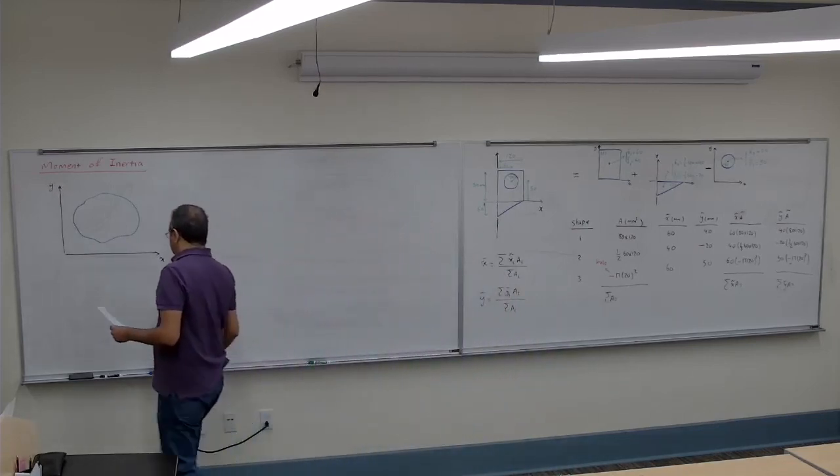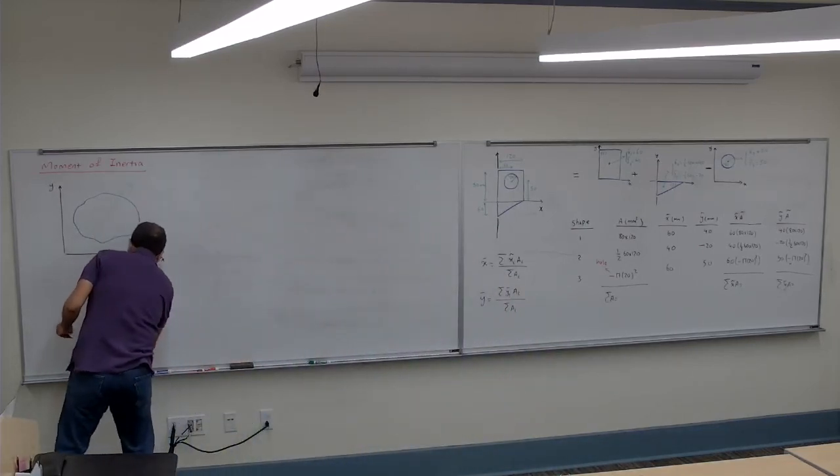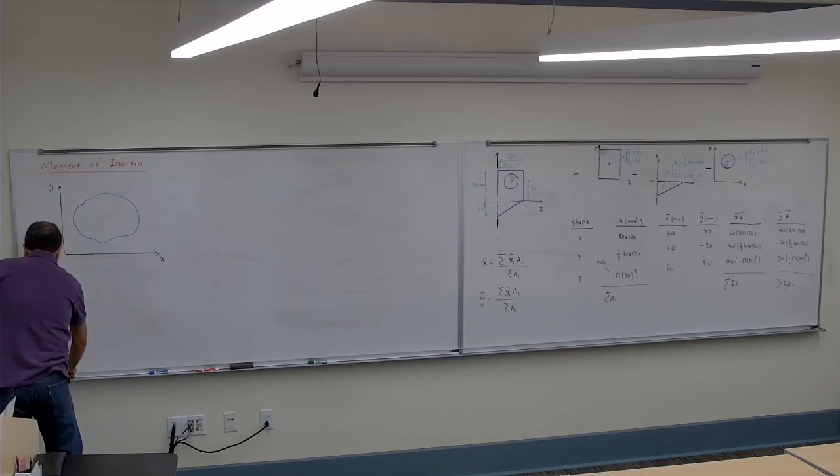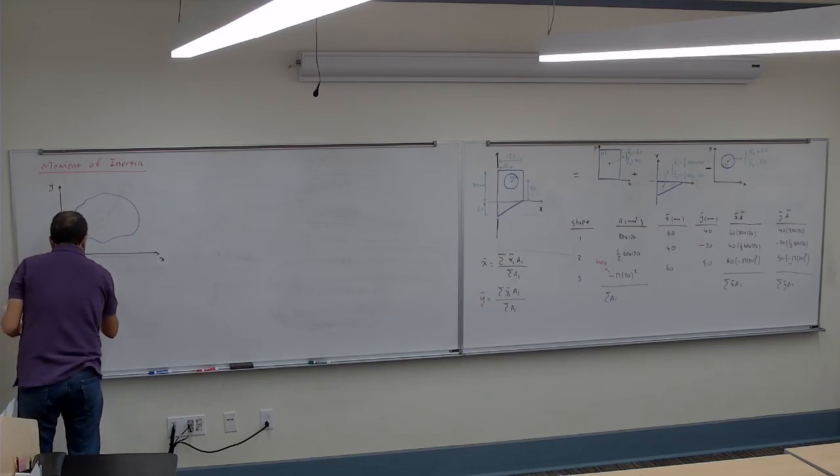First of all, I will write the I about the X. The I about the X-axis is given by the equation y squared dA.